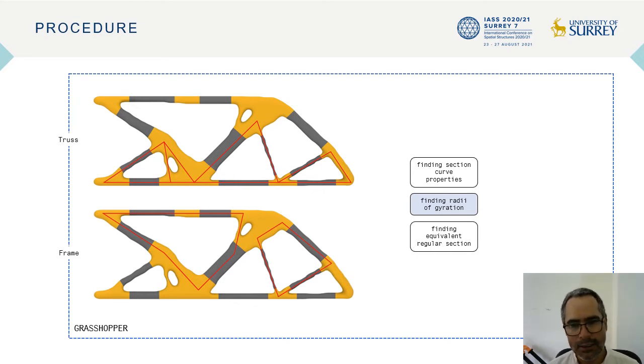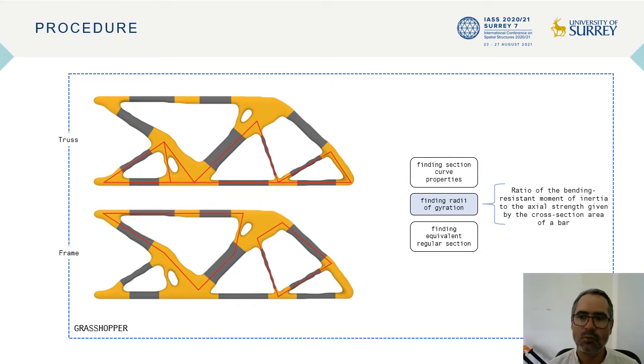And in the frame systems, the nodes experience bending moment, and they are going to require some flexural capacity in the bars as well. So the radius of gyration is the relationship between this bending resistant moment of inertia and the axial strain provided by the cross-sectional area of each bar.